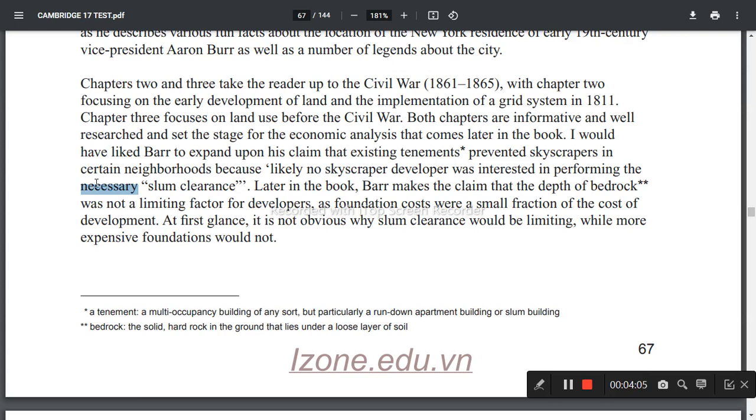Later in the book, Barr makes the claim that the depth of bedrock was not a limiting factor for developers, as foundation costs were a small fraction of the cost of development. At first glance, it is not obvious why slum clearance would be limiting while more expensive foundations would not.